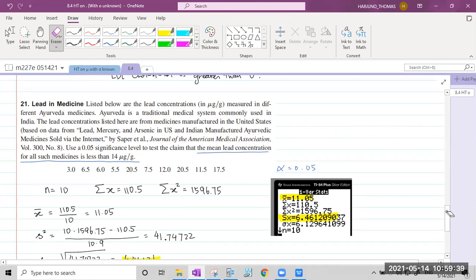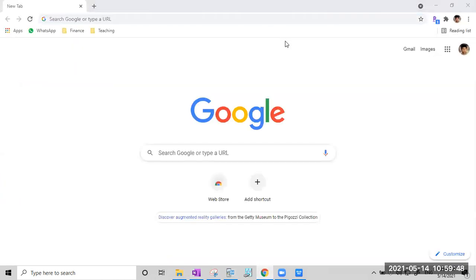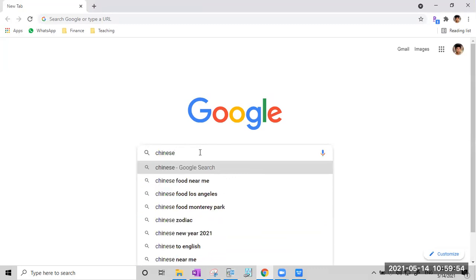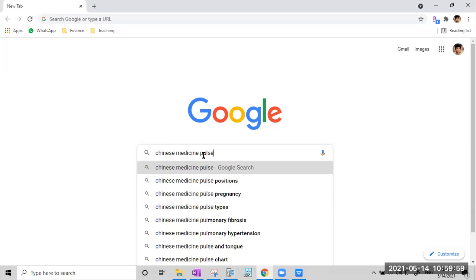actually see your... Let me see if I have a way to express that. Give me a second. Chinese medicine pulse position.